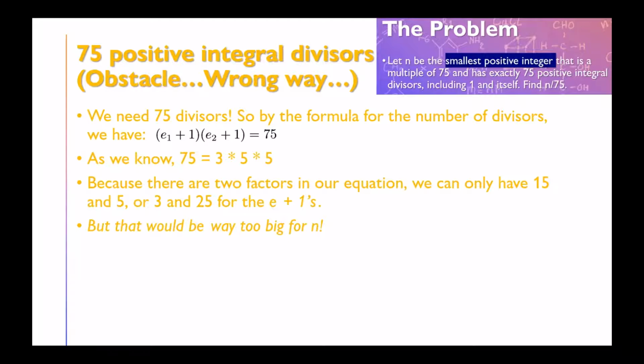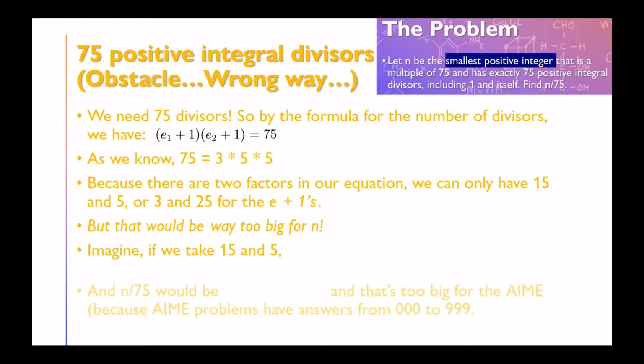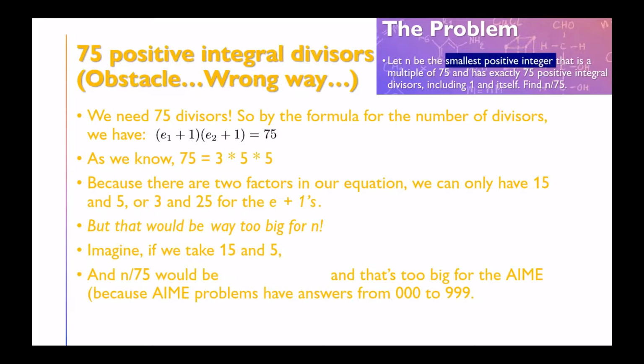Now the big problem is that n would be way too big if we use this calculation. Imagine if we take 15 and 5 as an example, and we set e1 plus 1 equals 15 and e2 plus 1 equals 5.